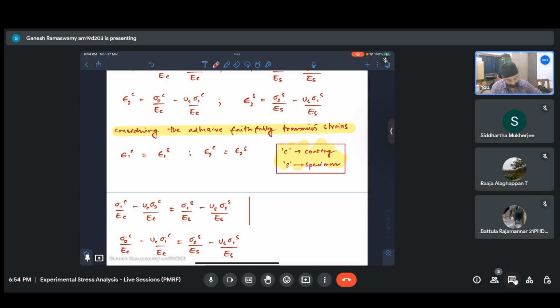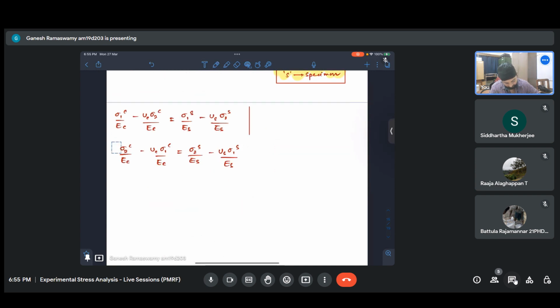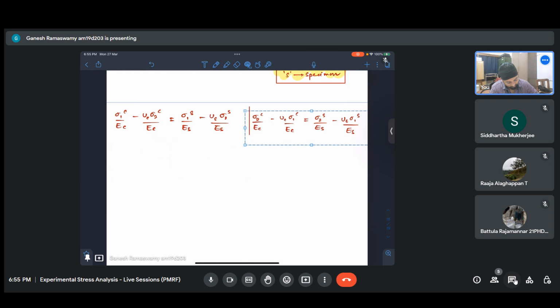So I'll just move this here. So we have got two equations. Just trying to emphasize how we got the stresses from the coating related to the stresses in the specimen. How we are trying to get that.